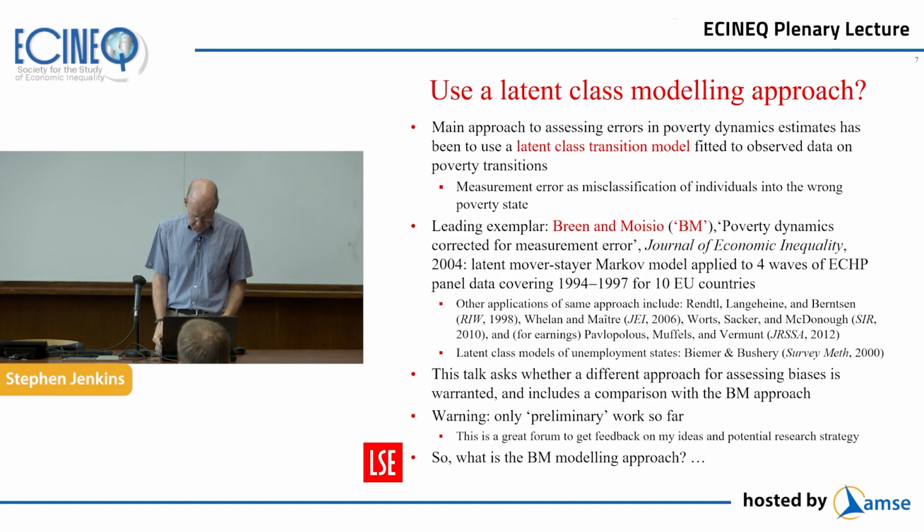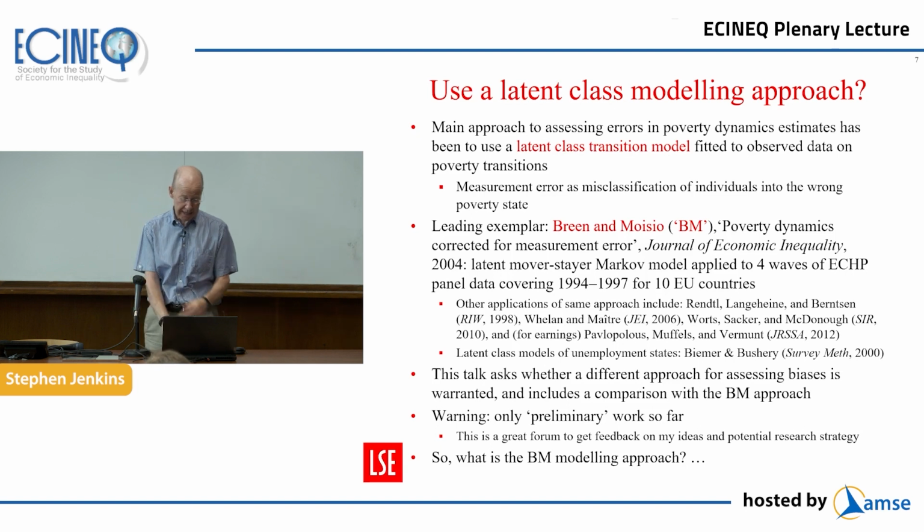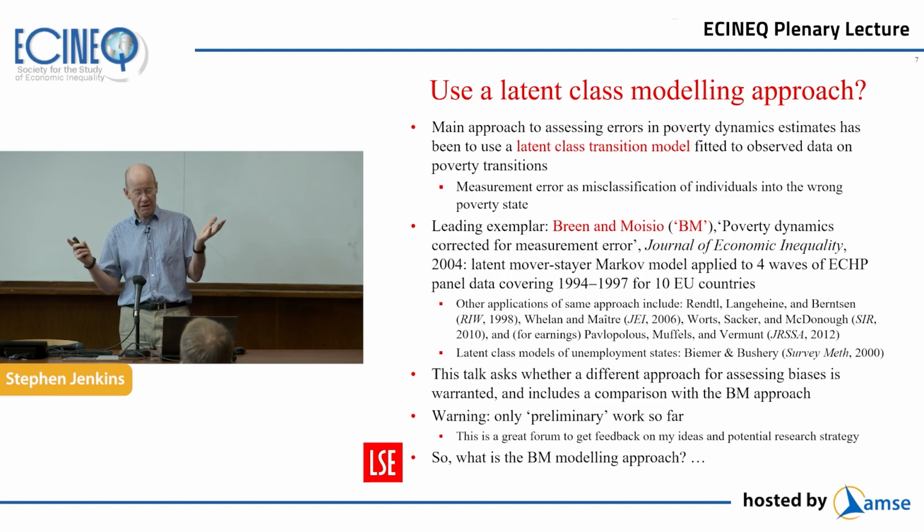So the starting point for my focus on the bottom today is whether or not the latent class modeling approach is any good. And I'm focusing on a latent class transition model here because that's the most important one that has been used in this area to date. So we're basically thinking about measurement error as a misclassification of individuals into the wrong poverty state, which seems fair enough.